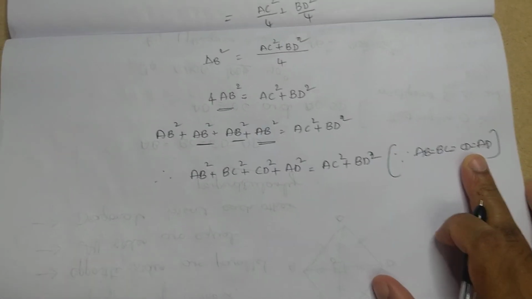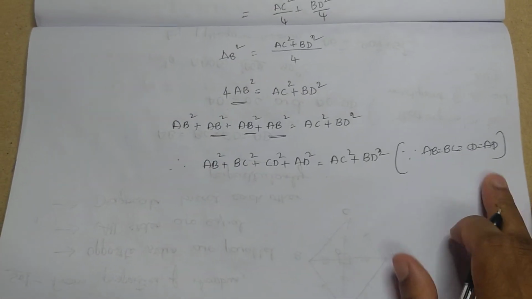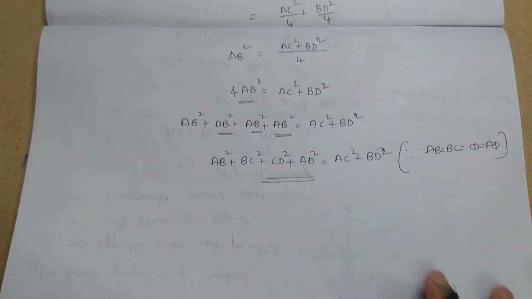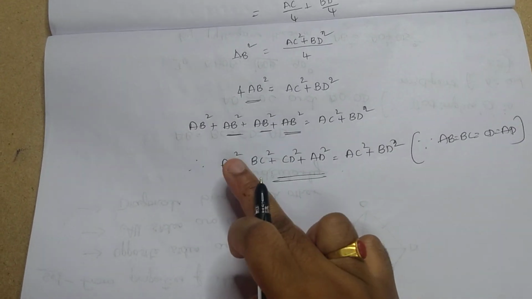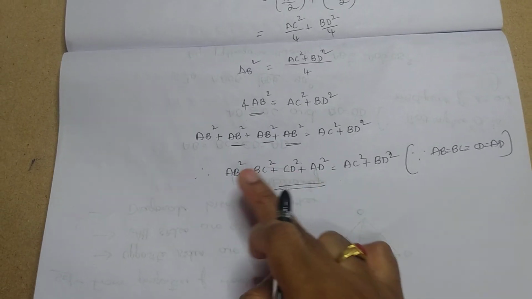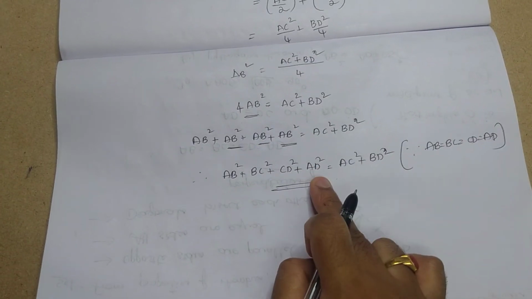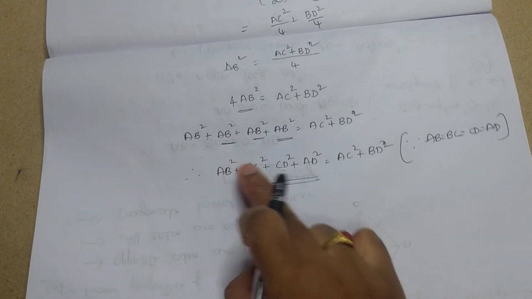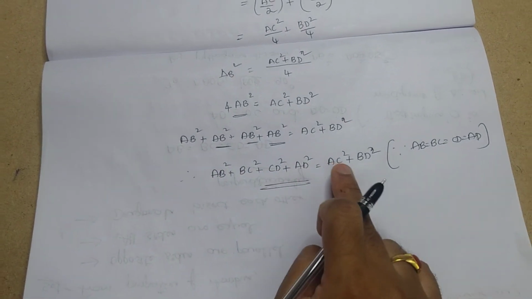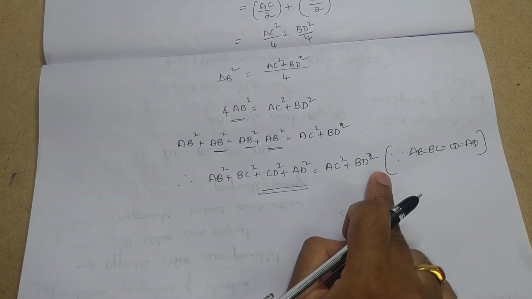As per the properties of a rhombus, all the sides of a rhombus are equal. So this is the final equation we got. So the sum of squares of sides of a rhombus is equal to the sum of the squares of its diagonals.